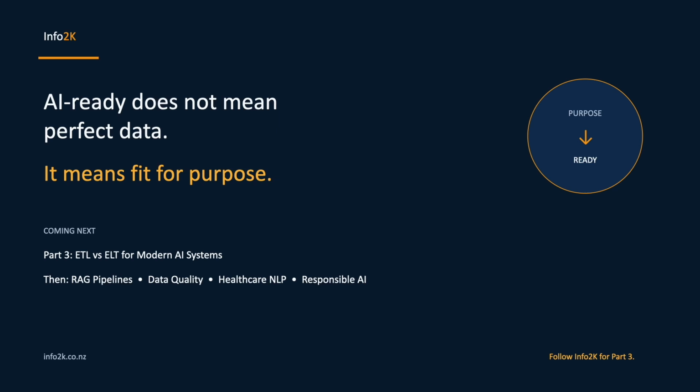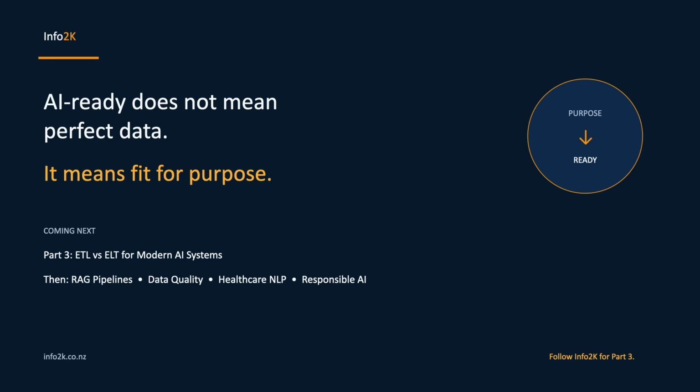The meaning and origin are understandable. The information is current enough. Access is authorized. Sensitive data is protected. Evaluation reflects realistic conditions. Monitoring and ownership continue after deployment. So, when somebody says, we need AI-ready data, the next question should be, ready for which AI use case?